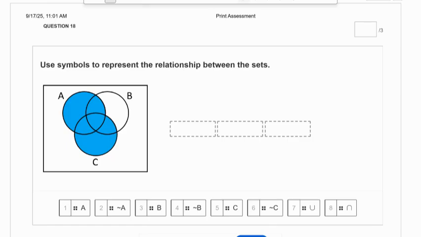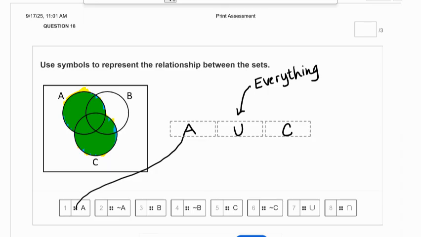So if we look at this, we notice that they colored all of set A, the whole thing, everything in set A. They also colored everything in set C. When you color everything, when you include it all, that would be A union C, because union means everything, include it all. Okay, so A union C.